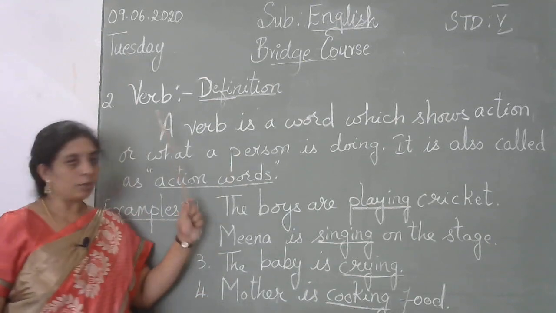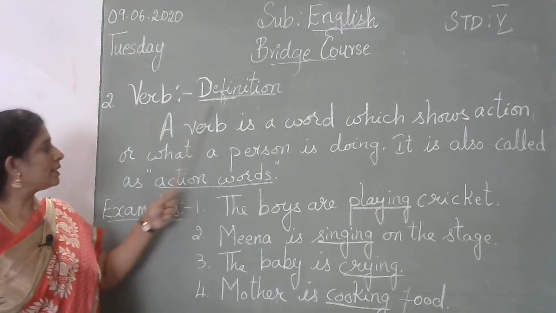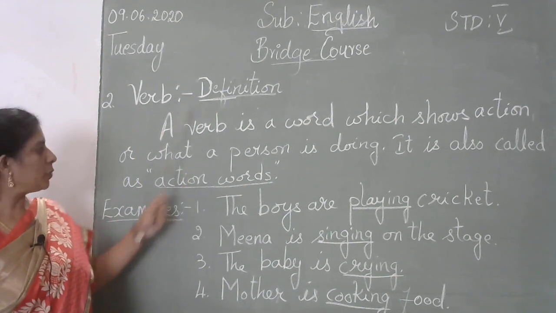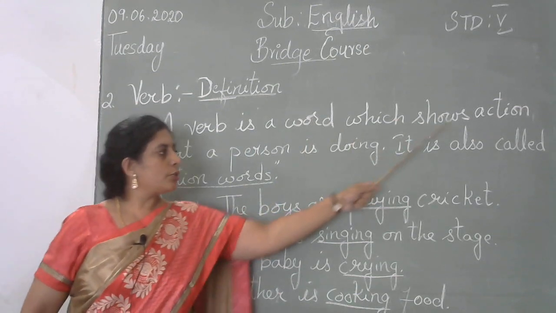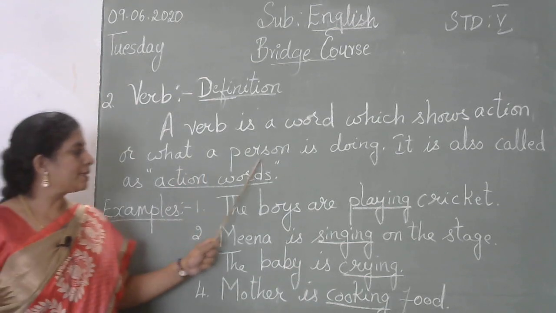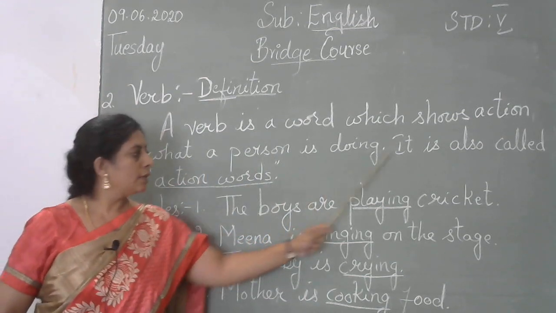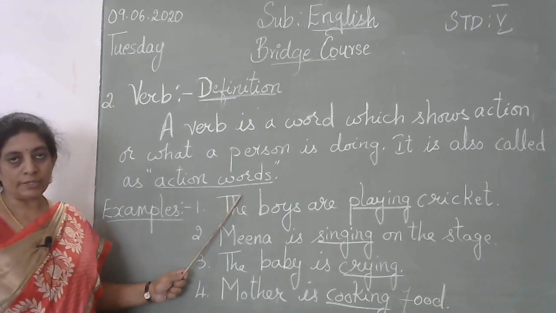The second one we are going to see in the parts of speech is the verb. This is the definition for the verb. A verb is a word which shows action or what a person is doing. It is also called action words.